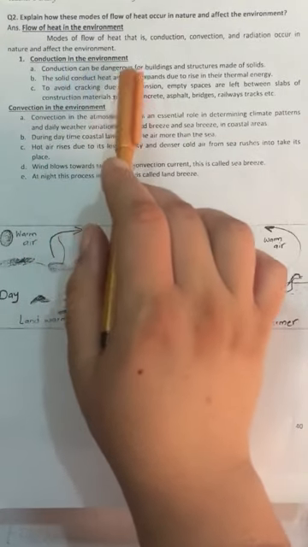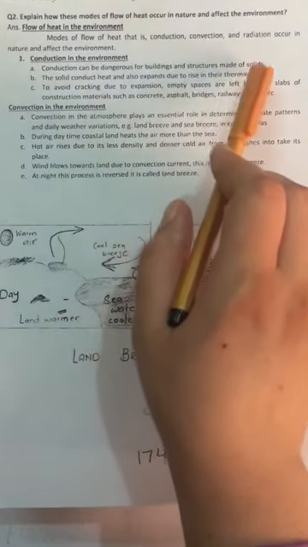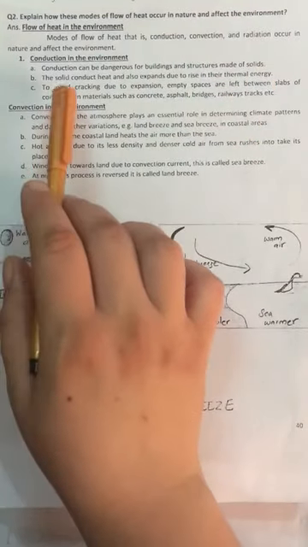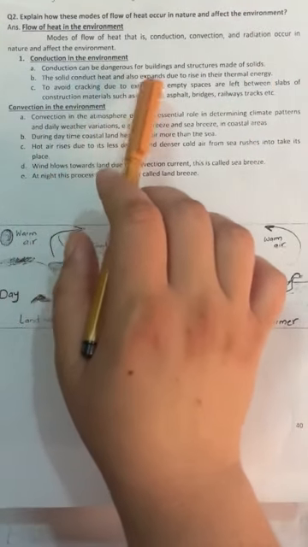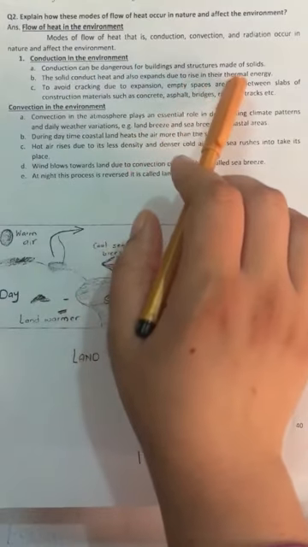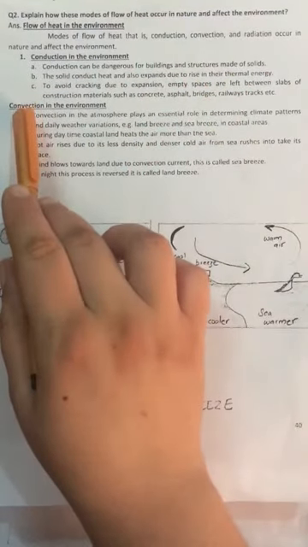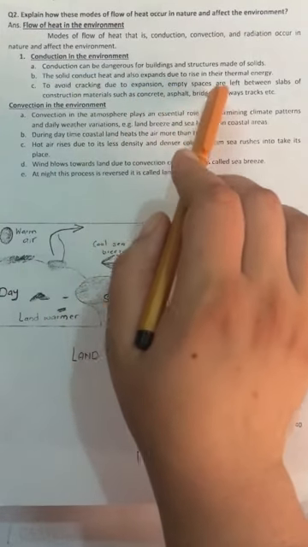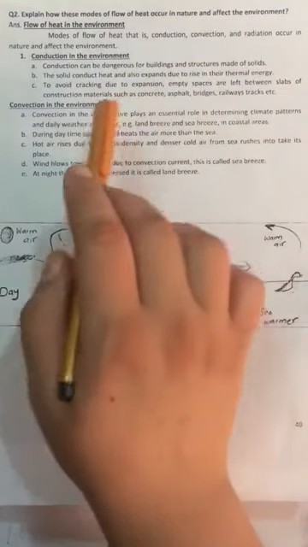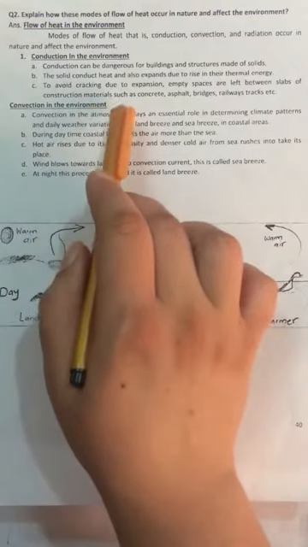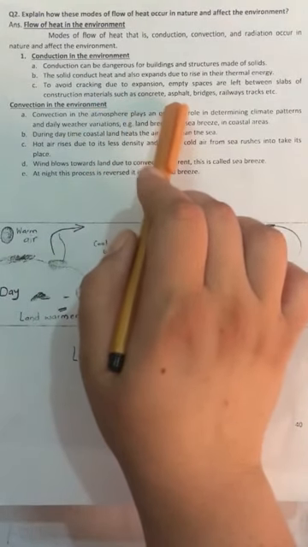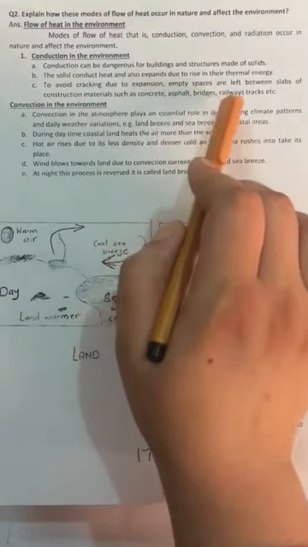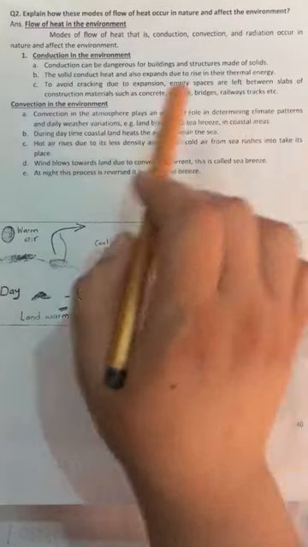Conduction can be dangerous for buildings and structures made of solids. Point B, the solid conducts heat and also expands due to rise in their thermal energy. Point C, to avoid cracking due to expansion, empty spaces are left between slabs of construction materials such as concrete, asphalt, bridges, railway tracks, etc.